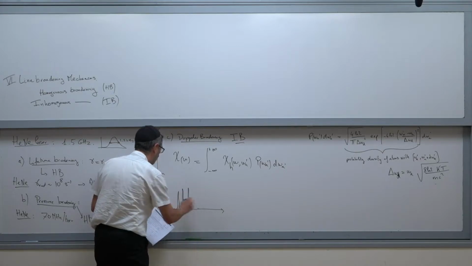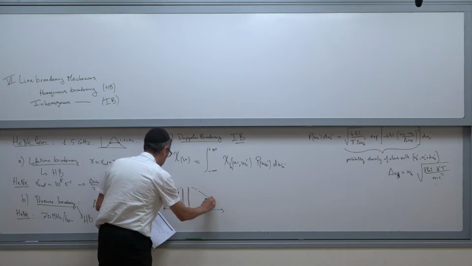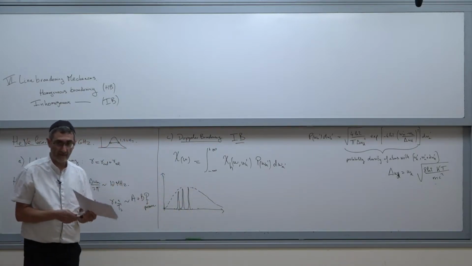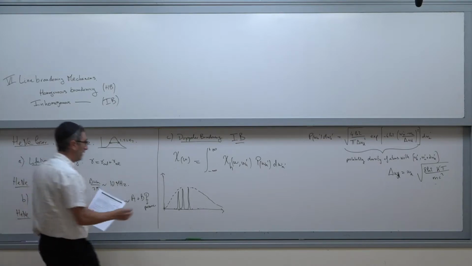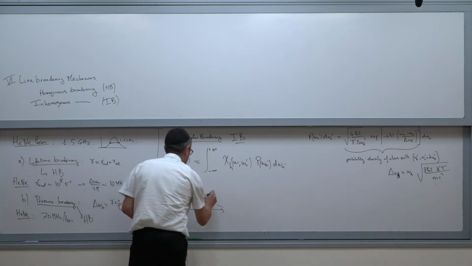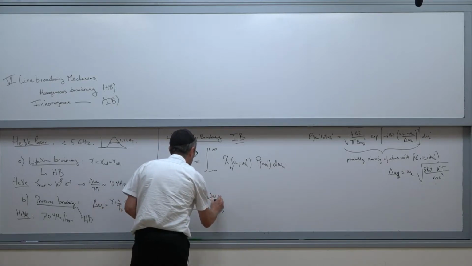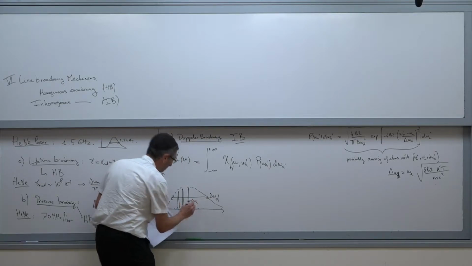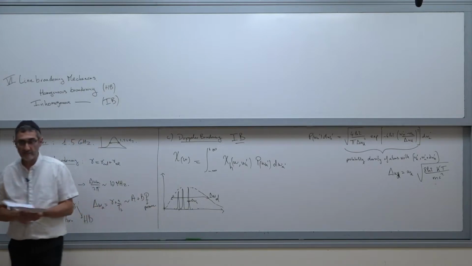And you sum all that, and at the end you will have a sum which gives you the total chi of omega, with the total line width given by delta omega d, while the small one here is delta omega A. So that's the idea.